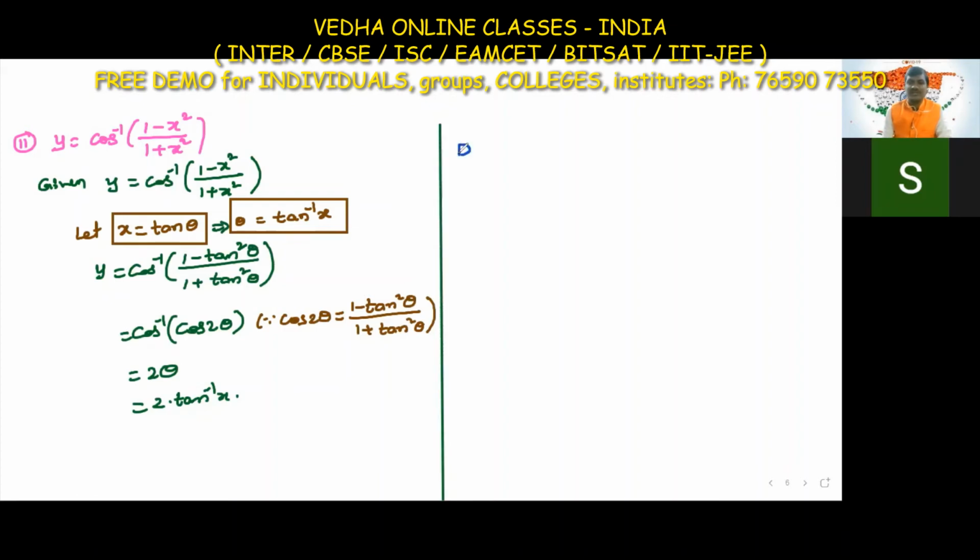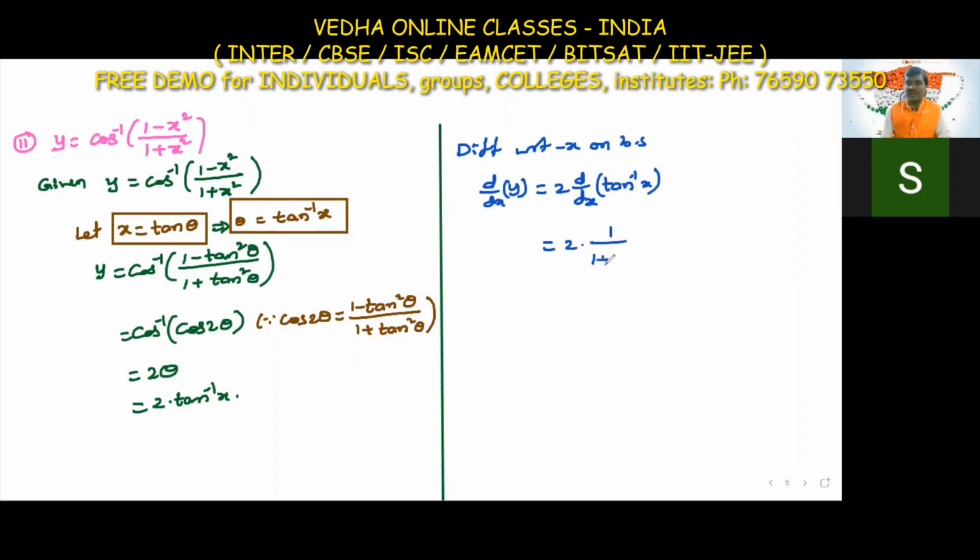Differentiating with respect to x on both sides, on the left side we get d by dx of y, and on the right side 2 is outside and d by dx of tan inverse x.